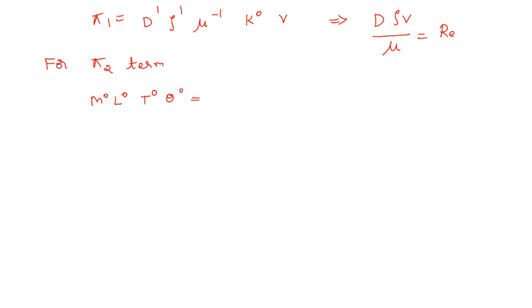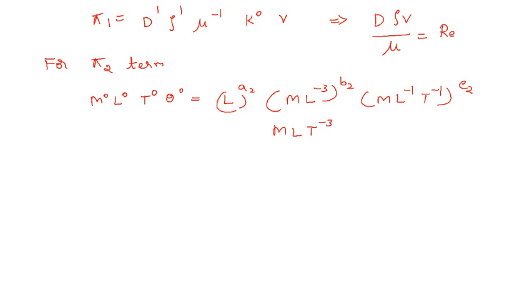I'll get that as L to the power a2, and this one as M L minus 3 to the power b2, M L minus 1 T minus 1 to the power c2, and M L T to the power minus 3 theta to the power minus 1 to d2.